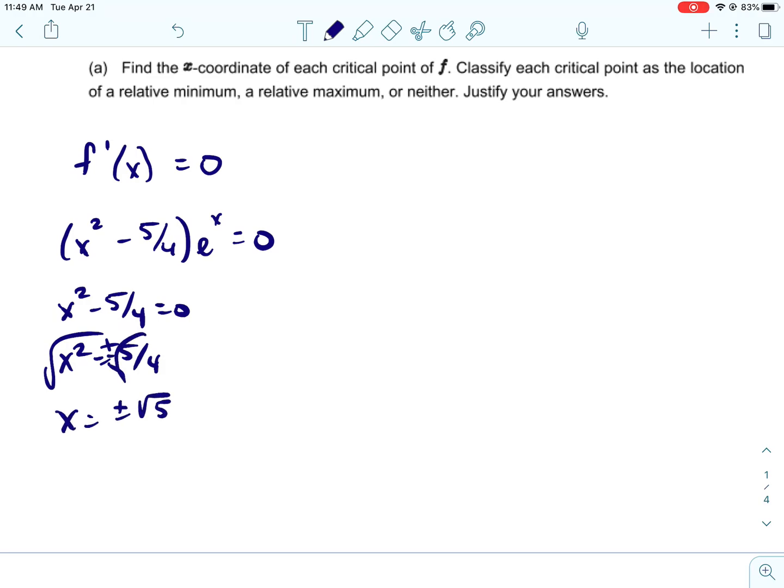But x squared minus 5/4 is definitely going to be 0 two times. That is when x is the positive and negative square root of 5 over, and I just went ahead and took the square root of 4 and got 2. So those are your critical numbers.